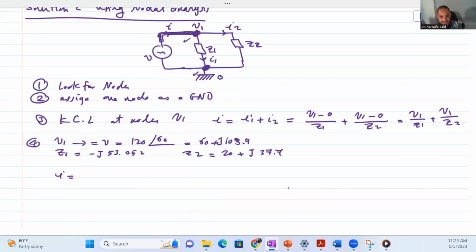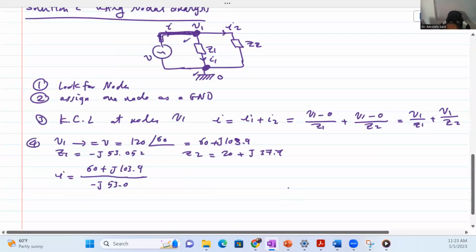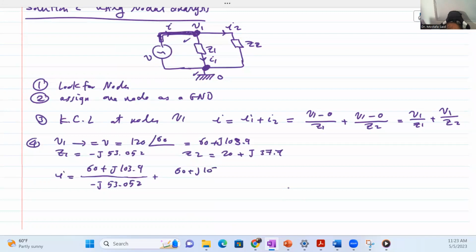Now we can calculate, right? So we can rewrite it this way: (60 plus J 103.9) over Z1, which is minus J 53.052, plus (60 plus J 103.9) divided by (20 plus J 37.7).